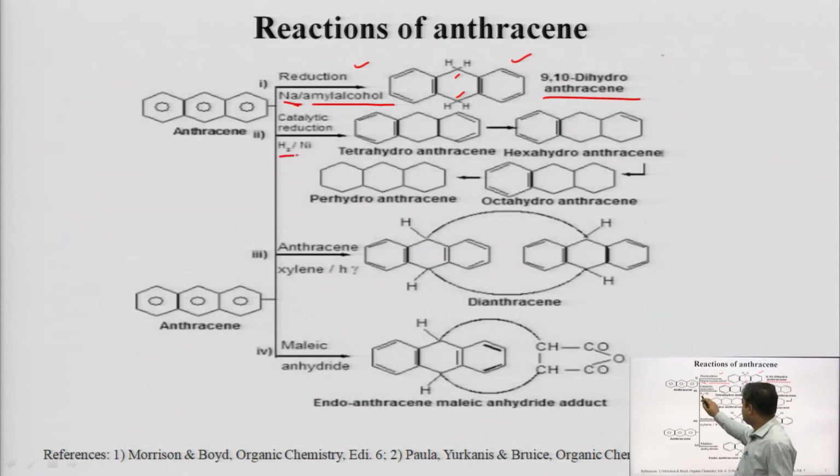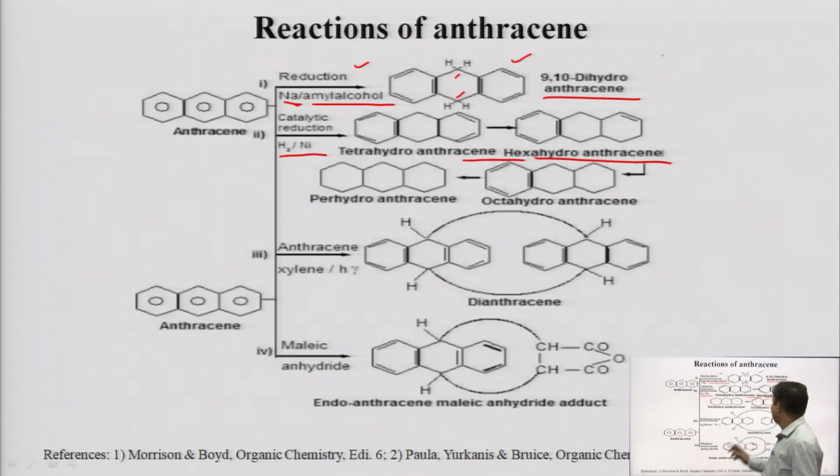In the presence of nickel and hydrogen, it gives tetrahydroanthracene, which is further reduced to hexahydroanthracene, then octahydroanthracene, which ultimately gives perhydroanthracene. So, these are both reduction reactions given by anthracene in different catalytic and reaction environments.